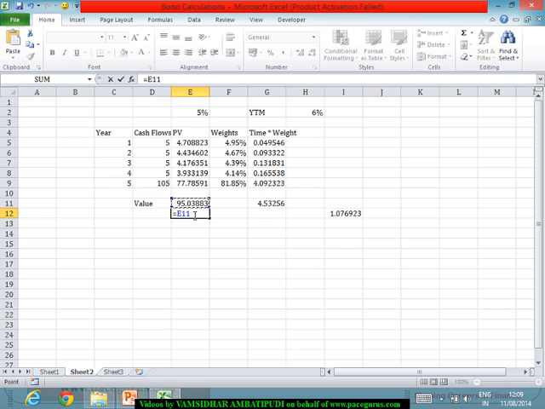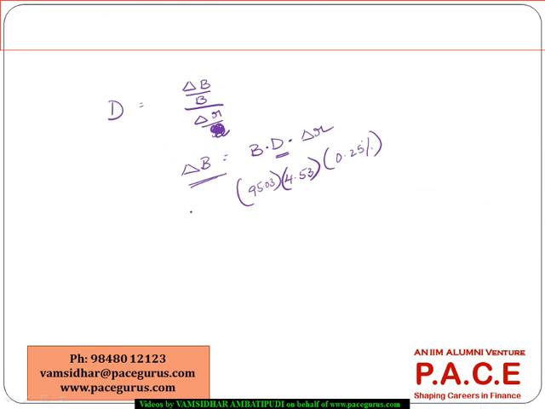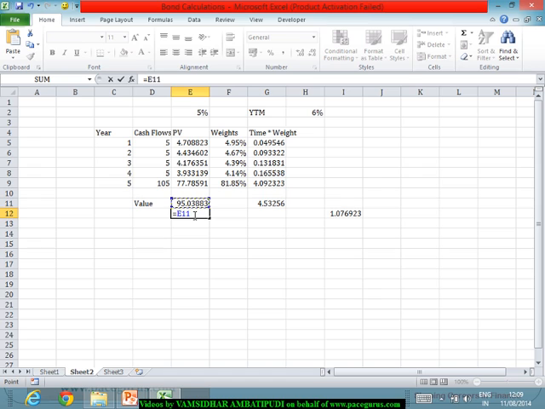If this interest rate has gone up by 0.25, I'll say that the bond price has come down by 1.07%, down by around $1. So from 95.03 it will become 94.01.